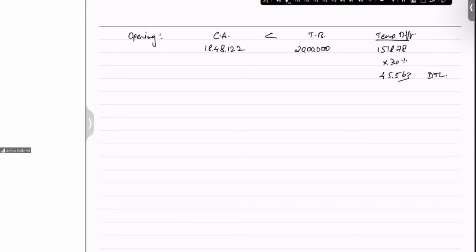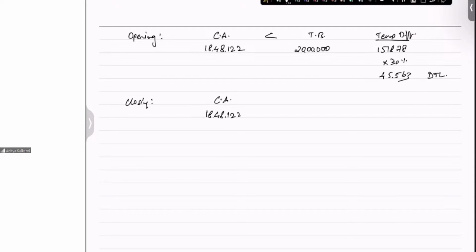Where do I recognize all of that? We will see it later. But as of now, this is the opening balance DTL. Okay. Closing. What will happen? See, I have 18,48,122.